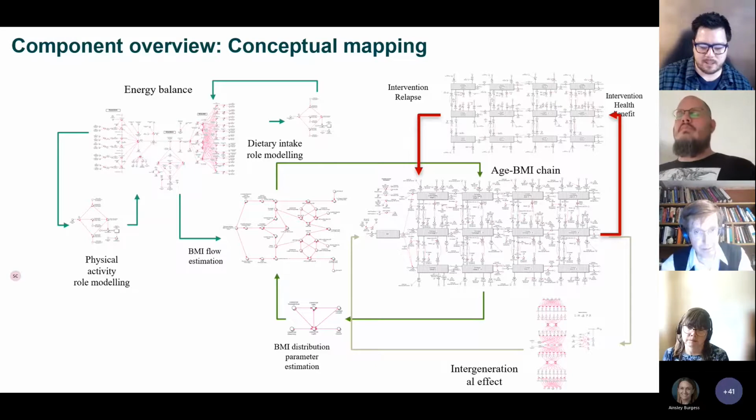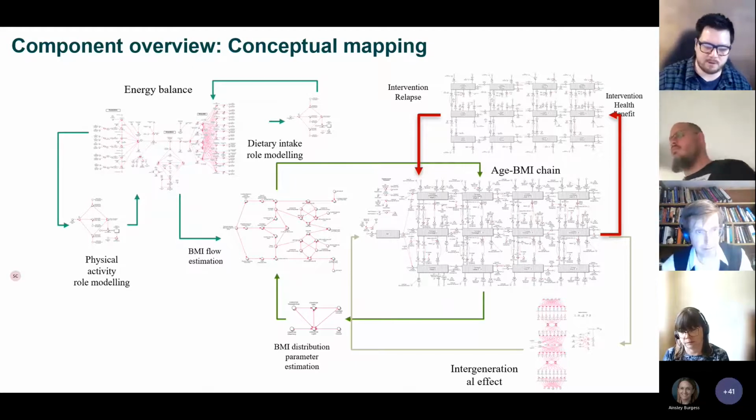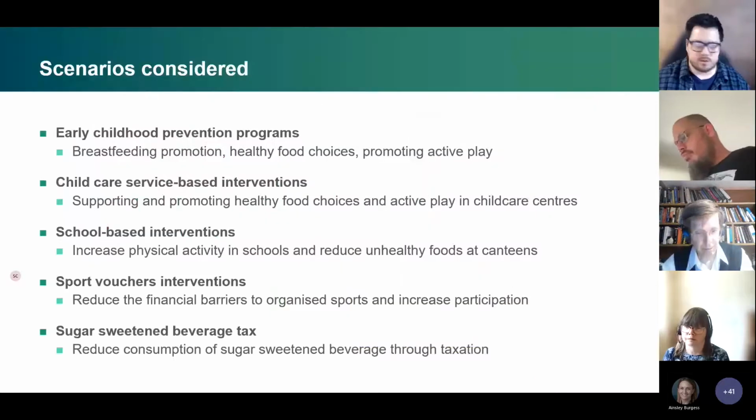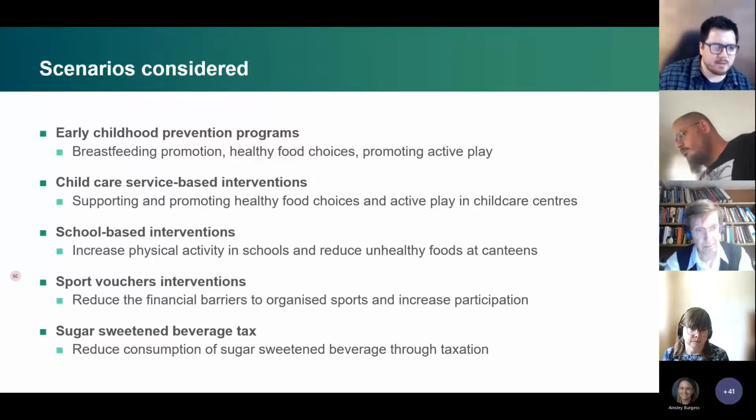An interesting aspect of this model was trying to incorporate an intergenerational effect, where we were looking at how children start off in the model, and whether changes in the BMI of the high fertility ages impact how they start in the model. So we looked at 5 scenarios here.